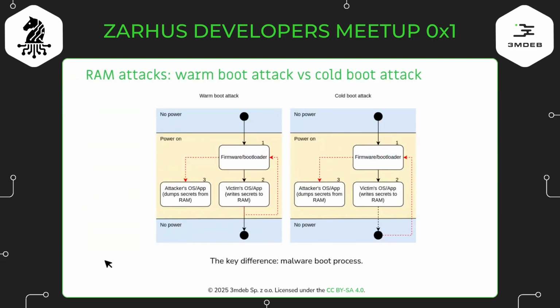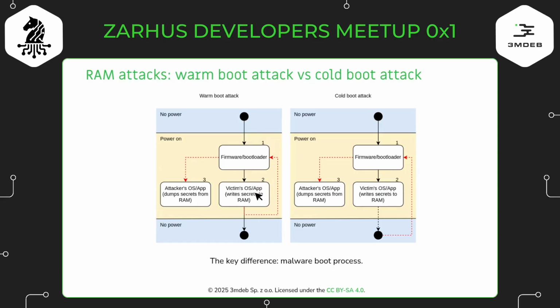What are those warm boot and cold boot attacks, and how do they differ? It is very important in our case and will influence the final conclusions. Here are two diagrams showing the attacks and their workflow. They have a very big common part, the first booting stage, when the platform goes from no power to firmware and bootloader, then it boots the victim's OS.